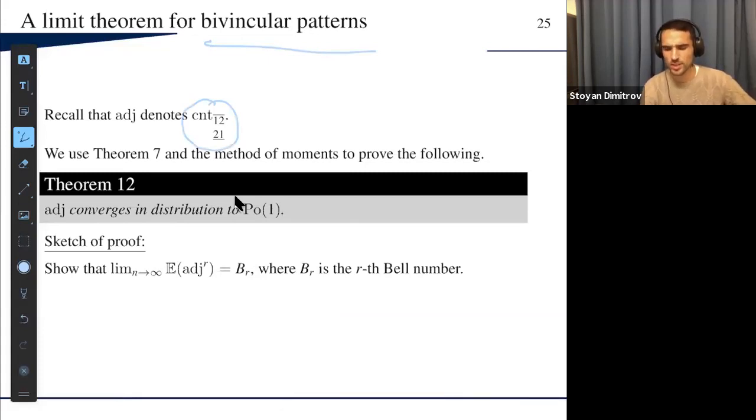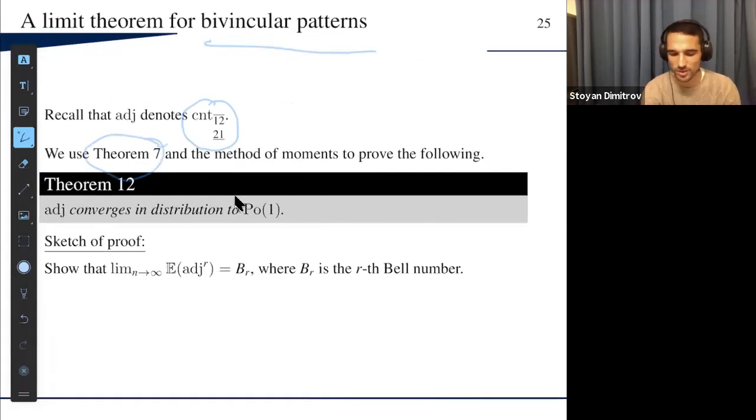This has been proved by the statistics community a long time ago, and more recently, about 15 years back, by C.V. Cortel and other people. Here we reprove this result as well by using our formula from theorem 7.